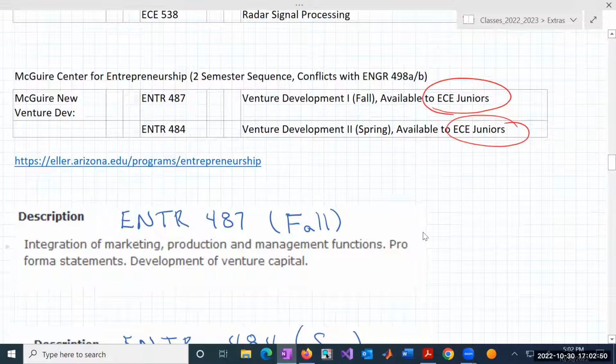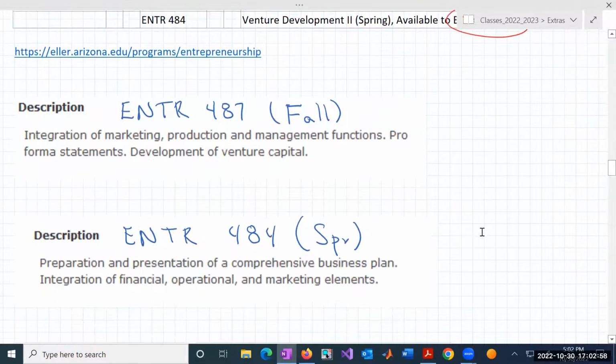So if you want to do this entrepreneurship, then I would suggest you fit it into your junior year, and these 2 classes will be allowed as your non-ECE technical elective courses.